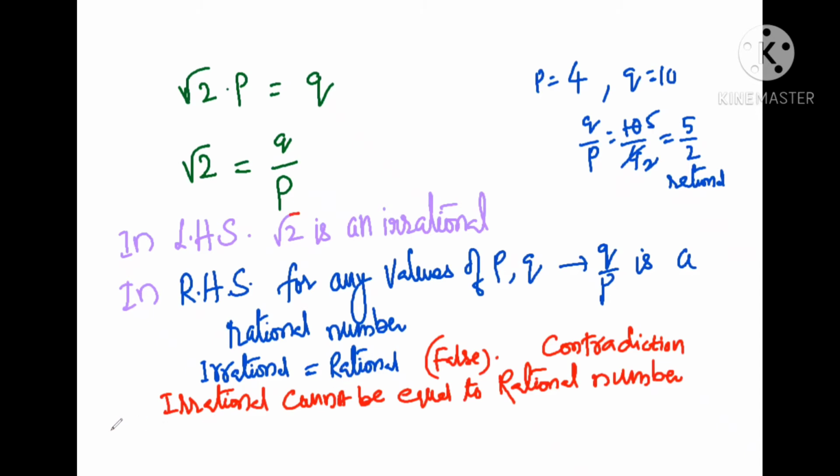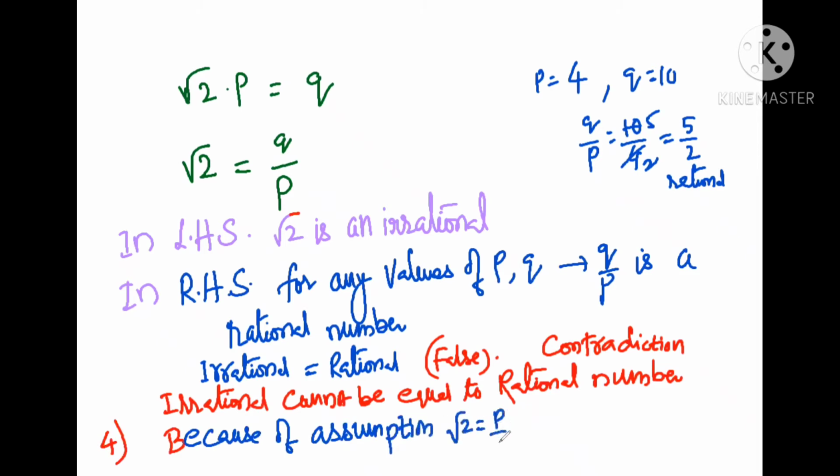So why did we reach this contradiction? Irrational number is equal to rational number. This is a contradiction. Why did we reach this contradiction? Because of our assumption. Because of our assumption, we reach this contradiction. Assumption root 2 is equal to p by q rational.